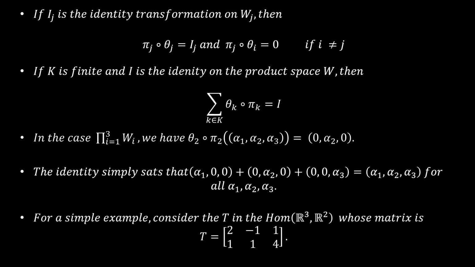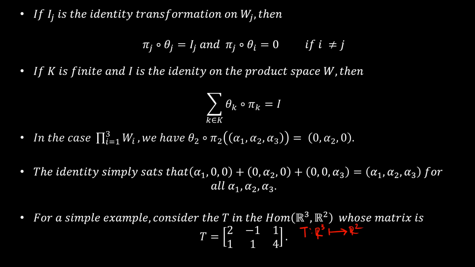So just looking at a simple example, considering that T is the homomorphism of R cubed to R squared. That means we have a transformation that takes something in the R cubed space, or three-dimensional Cartesian space, to the two-dimensional space.